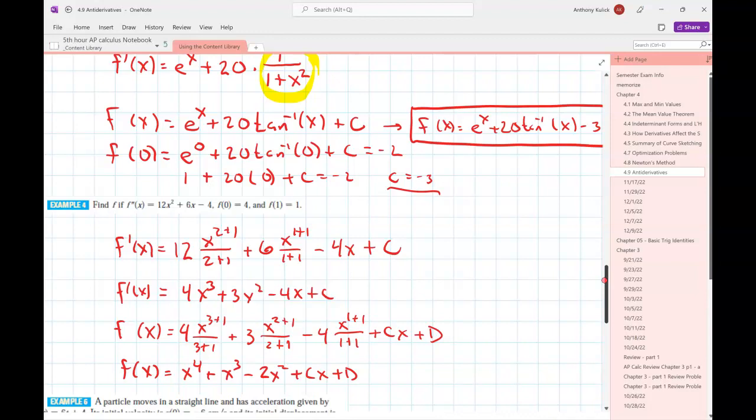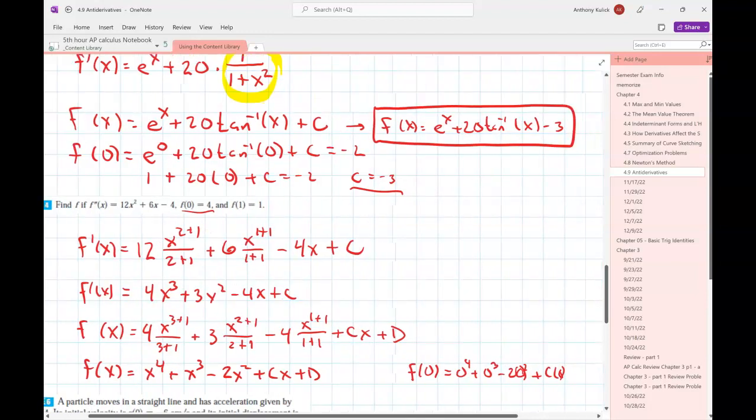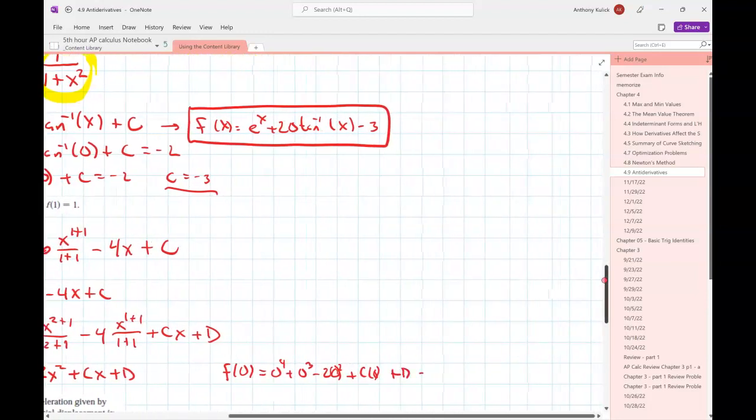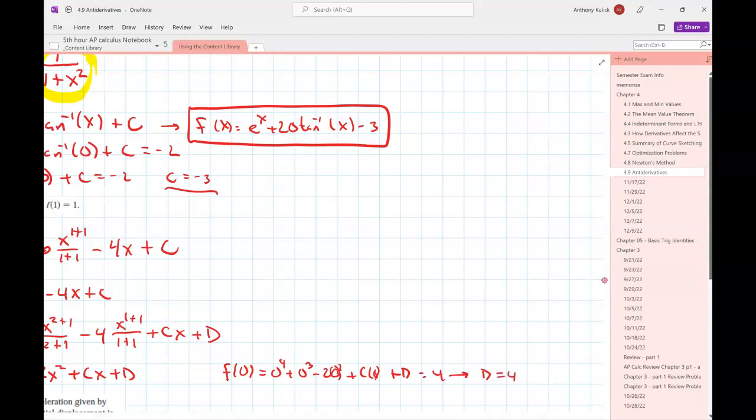So if I do f of 0 is equal to 4, that's going to give me 0 to the fourth plus 0 to the third minus 2 times 0 squared plus c times 0 plus d, which should equal 4. So it tells me d is 4. Everybody's okay with that?